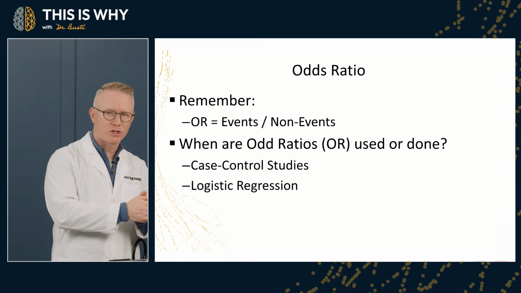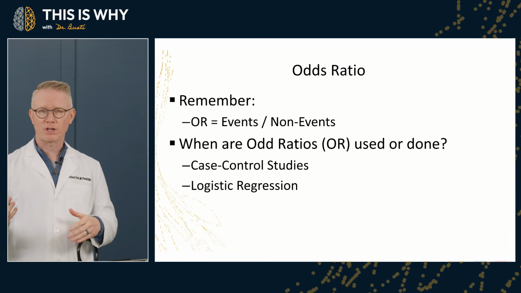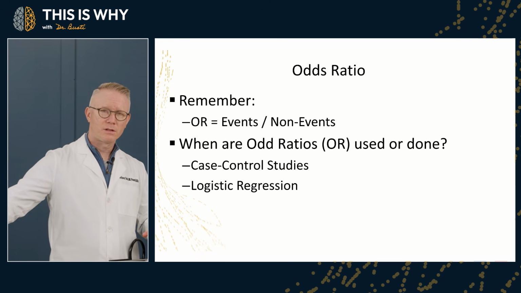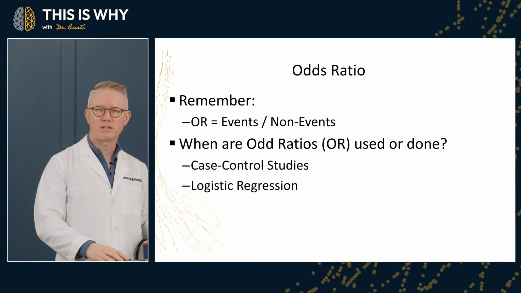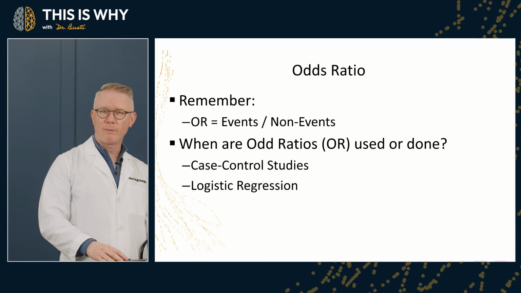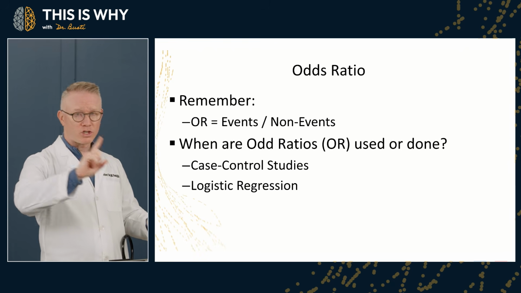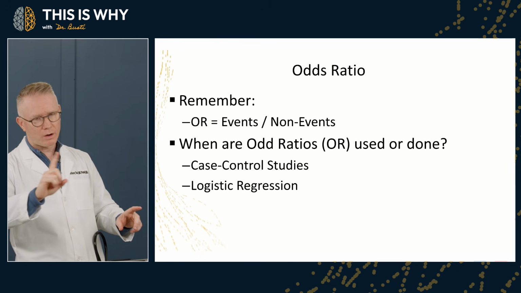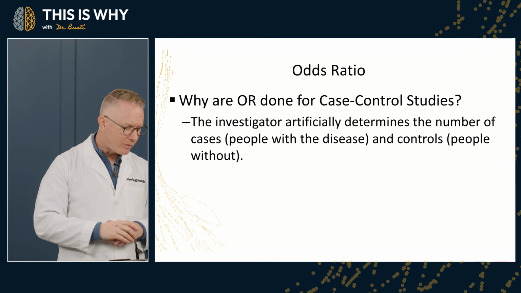It's mostly case-controlled studies, which are typically retrospective, and then logistic regression, which I cover in a separate lecture, regression analysis. So if you need that, go to that lecture. But those are the two places where odds ratios are primarily used, whereas remember, the relative risk is going to show up more in a prospective, usually cohort or randomized controlled trial, but there are retrospective cohort studies out there.